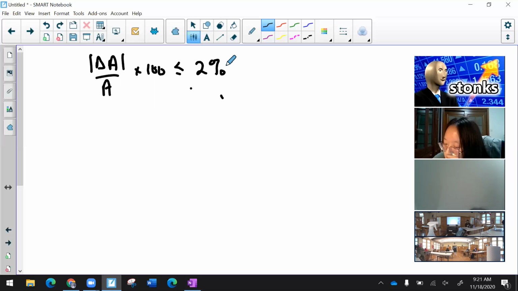And I want to know how accurate I have to measure a side. So I'm going to use my approximation to find delta A, which I can approximate as dA.